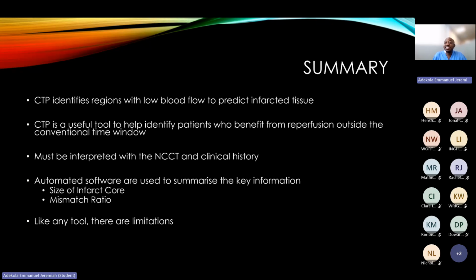And we need to consider the history and the finding on the CT head, not just the CT perfusion. It must be used in adjunct with other neuroimaging. And then with the automated software finding, we can look at the infarct size, mismatch ratio, and take an informed decision either for thrombolysis or not.